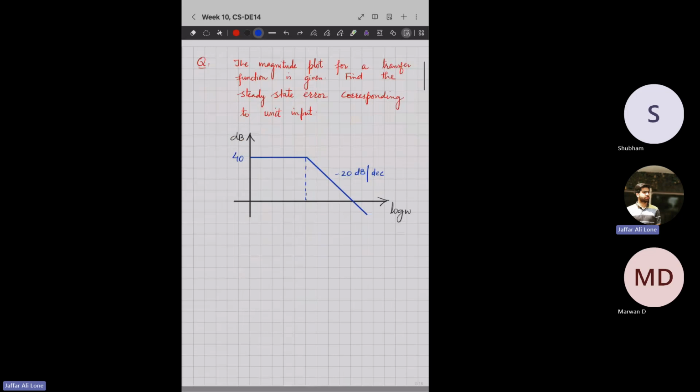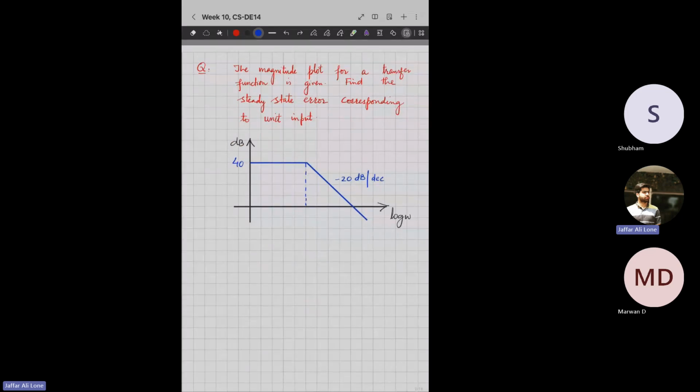The question says we have a Bode magnitude plot for a transfer function, which is given in the figure, and we have to find the steady state error corresponding to unit step, right?